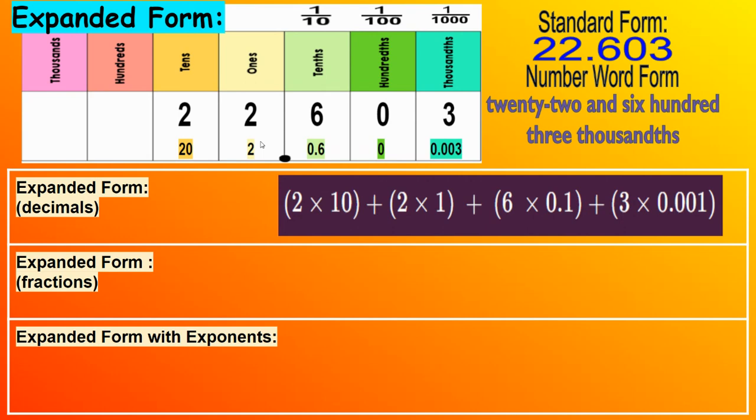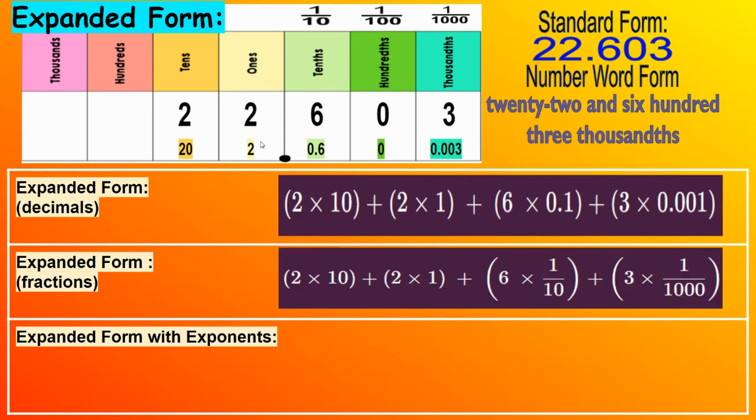In this case, we don't have any hundredths, so you're not going to represent them when we write it in expanded form. If we were to turn that to expanded form with fractions, it would be 2 times 10 for our 2 10s, 2 times 1 for our 2 1s, plus 6 times 1/10 for our 6 tenths, plus 3 times 1/1,000th for our 3 thousandths.